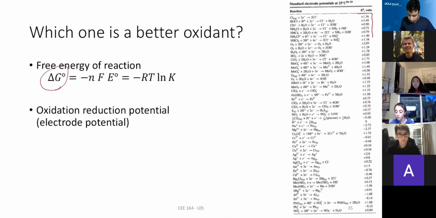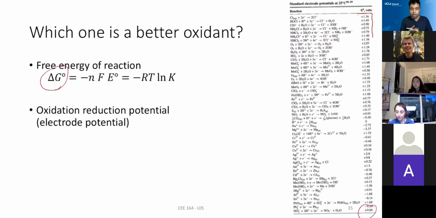When you think of an oxidant, the energy or the volt is positive. For a reduction, it's a negative term. So the higher the positive term, the more effective an oxidant it is, and that's based on free energy. The reason I put it here is to show that any reaction also depends on temperature.